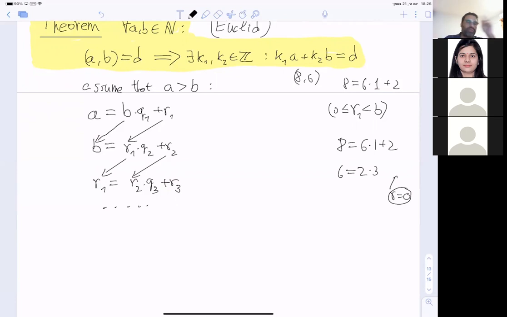So let us write it, and I write the stage, the last stage before we get it. It's R(k-3), no? Yeah, it's okay.